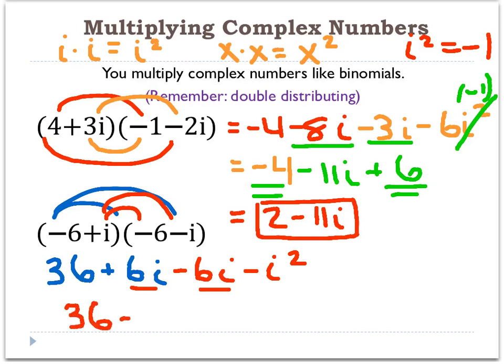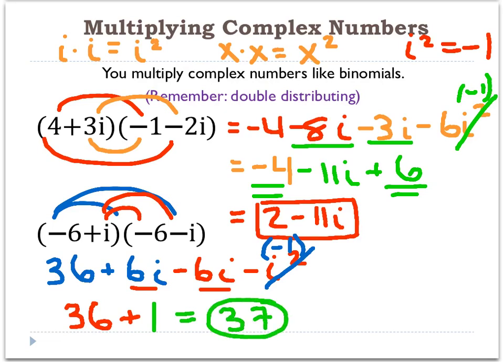So I'm left with 36 plus, well, remember, i squared is negative 1. So this leaves me with the negative 1. And then I have minus, I have a negative 1 here, so minus a negative 1, which is plus 1. So I'm left with 37. Whoa, look at that. I went from having imaginary numbers to having a real number.